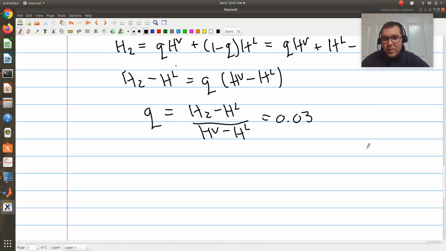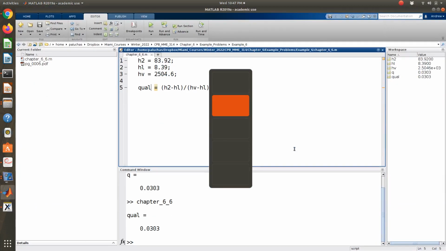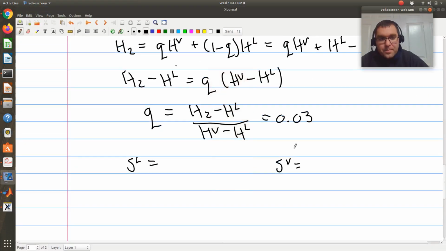So let's look up the entropy of my liquid and entropy of my vapor. Then we can calculate S2, and let's compute the difference for that case.